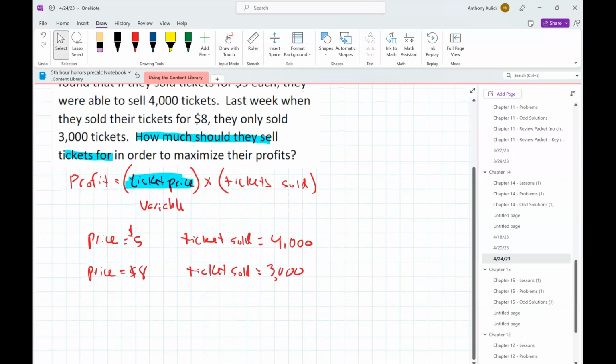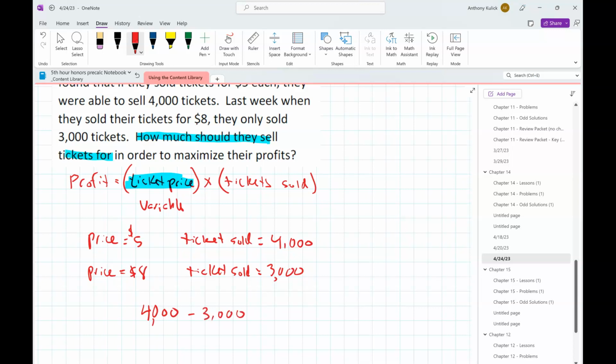So basically what I'm saying is that if I take 4,000 minus 3,000 divided by 5 minus 8, that says we should decrease by 1,000 tickets for every $3 we raise the price, right?